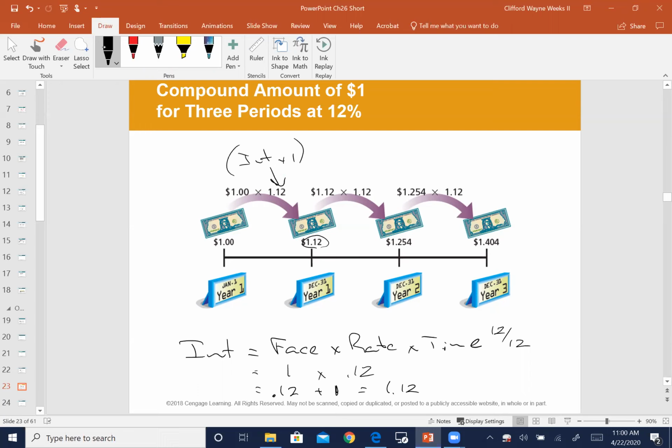And so what we can see is that if you just subtract that, we earned 12.34 cents, where we only earned 12 here. Now it's 13.4.